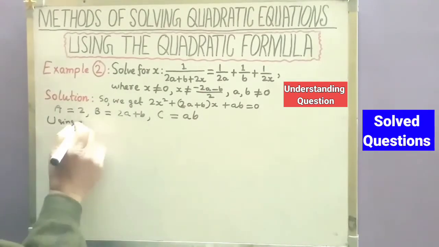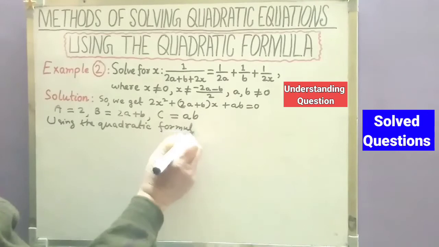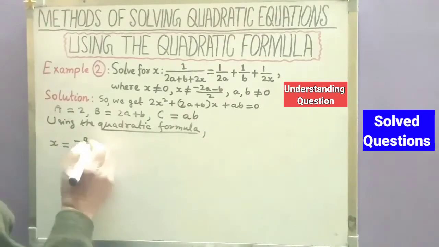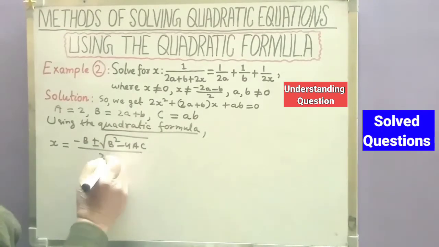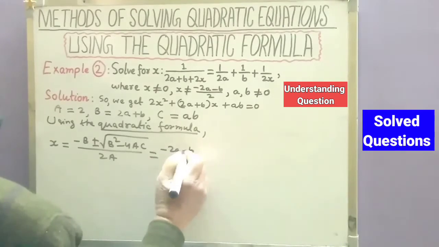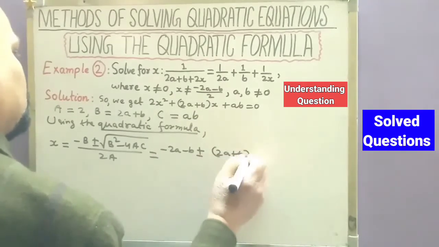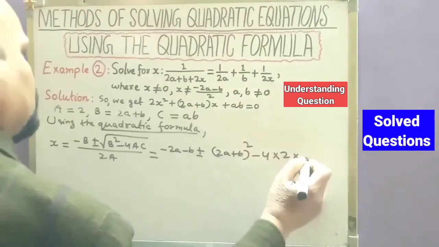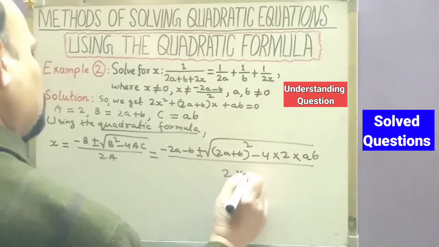Now, using the quadratic formula, we have x = (−b ± √(b² − 4ac))/2a, that equals (−(2a + b) ± √((2a + b)² − 4 × 2 × ab))/(2 × 2), because a = 2.